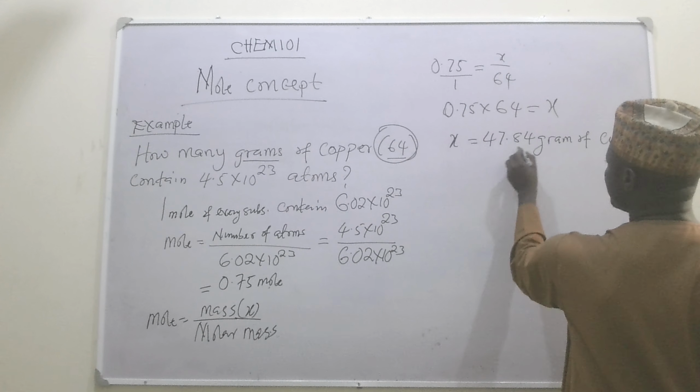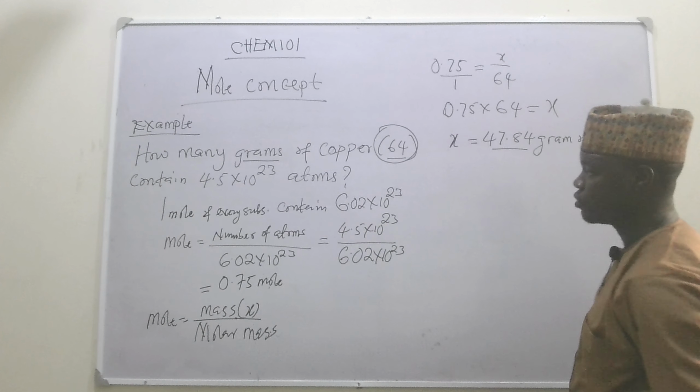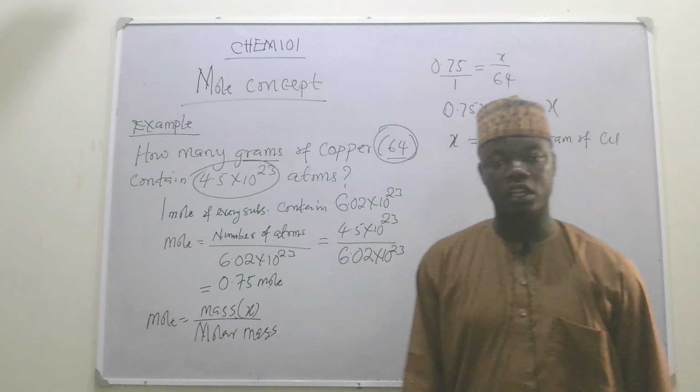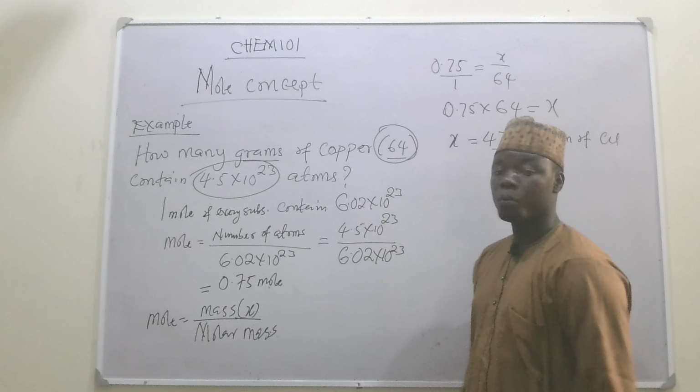It means that in every 47.84 gram of copper, we are going to have 4.5 times 10 raised to the power of 23 atoms.